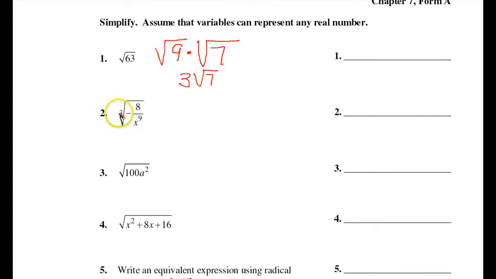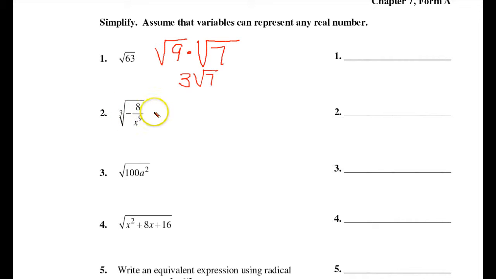Now as we go down to number 2, we see in the index number position there is a 3, and there's a negative sign under the radical. Well, as long as it's not an even index number, a negative sign is okay, as long as it's odd.